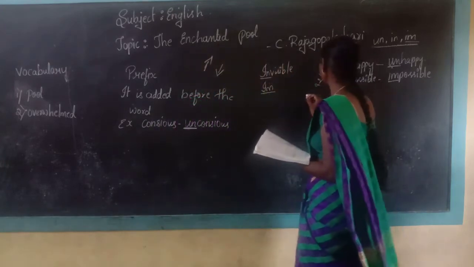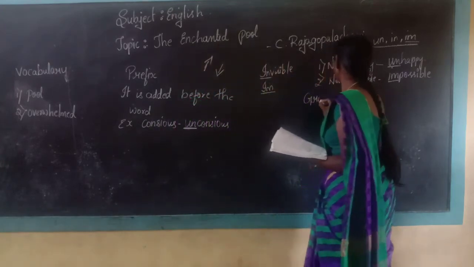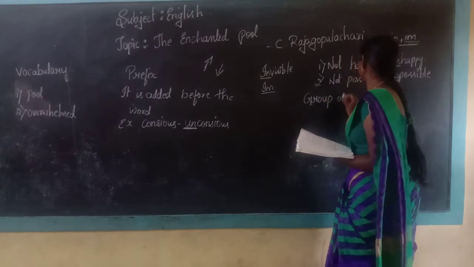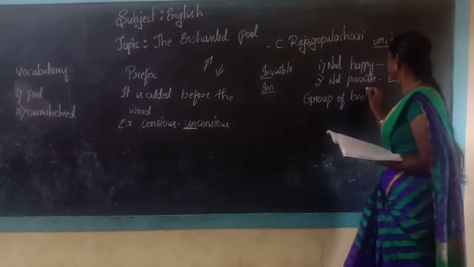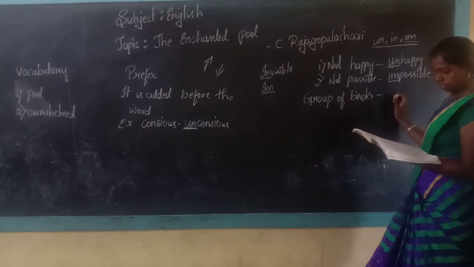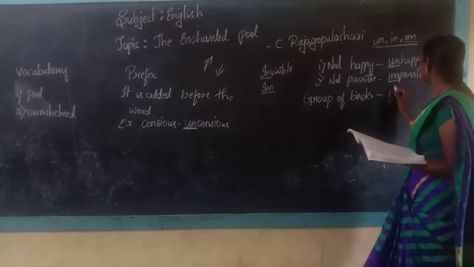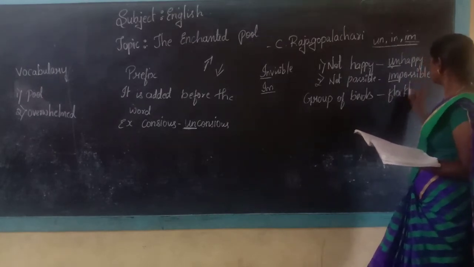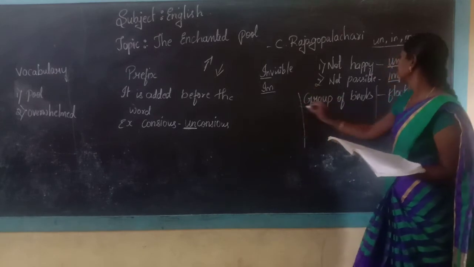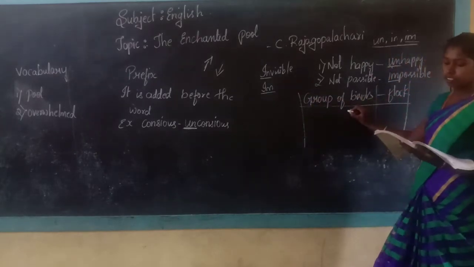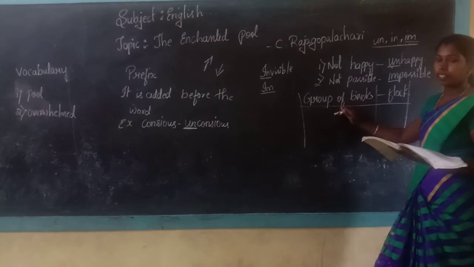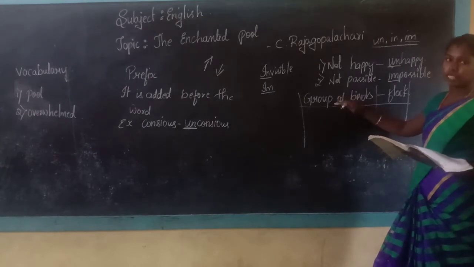See, group of birds. Here the answer is flock. This is a column. So you have to write the answer for these questions.